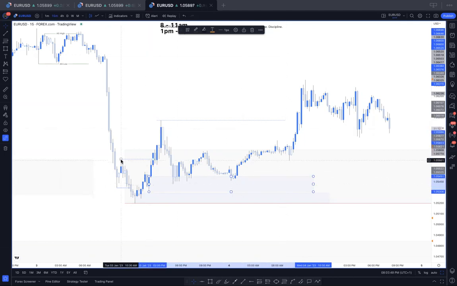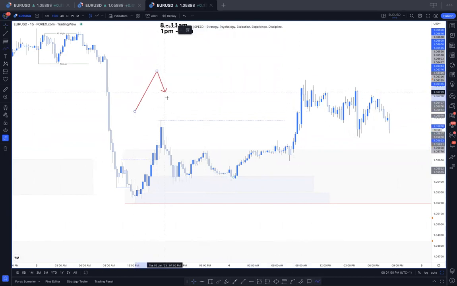I have already seen that price has changed character here. So my expectation, because price has changed character, is that price has reversed to mitigate this zone before moving up. Remember that I talked about market structure, how you trade market structure. You're always looking at if price is moving like this, you want to see how you can catch this move. Because now look at this, price moved down here and then broke structure, right?